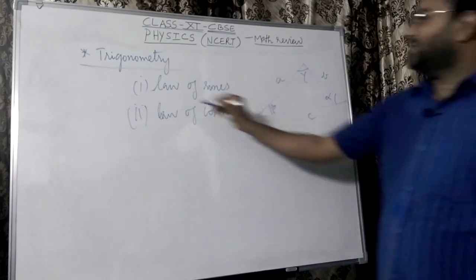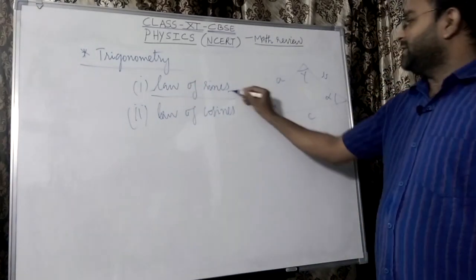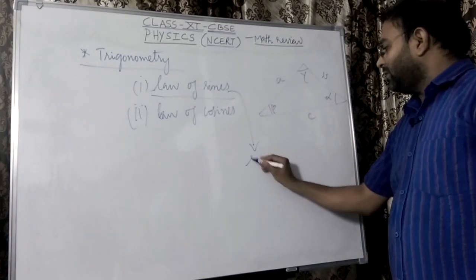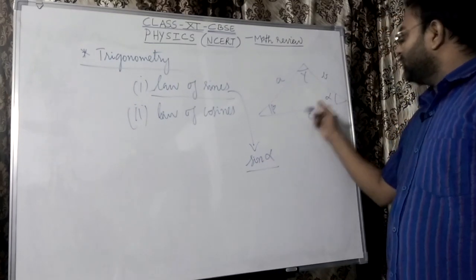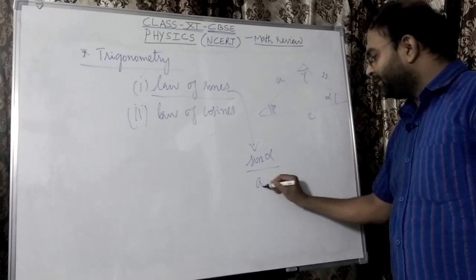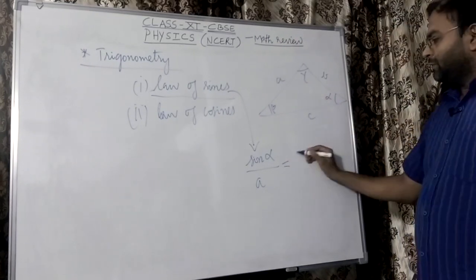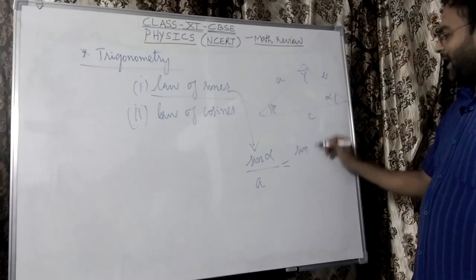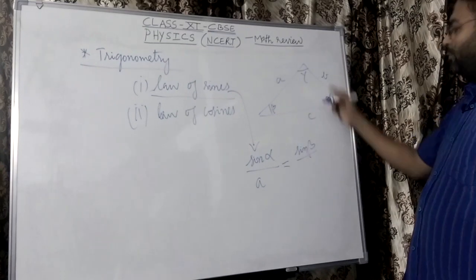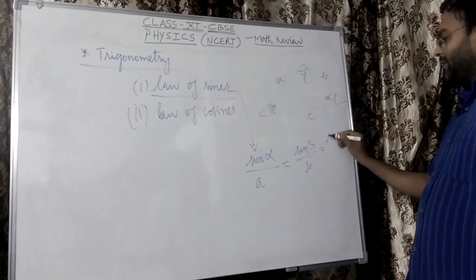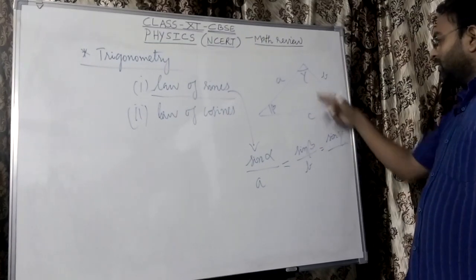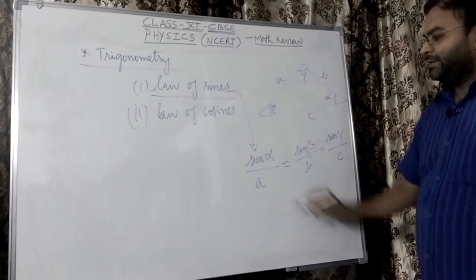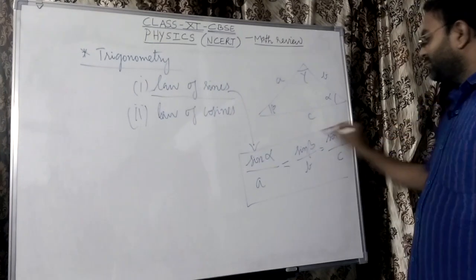Then the law of sines is nothing but the ratio of sine of the angle to the opposite side is equal to sine of the second angle to its opposite side is equal to sine of the third angle to its opposite side. This is called the law of sines.